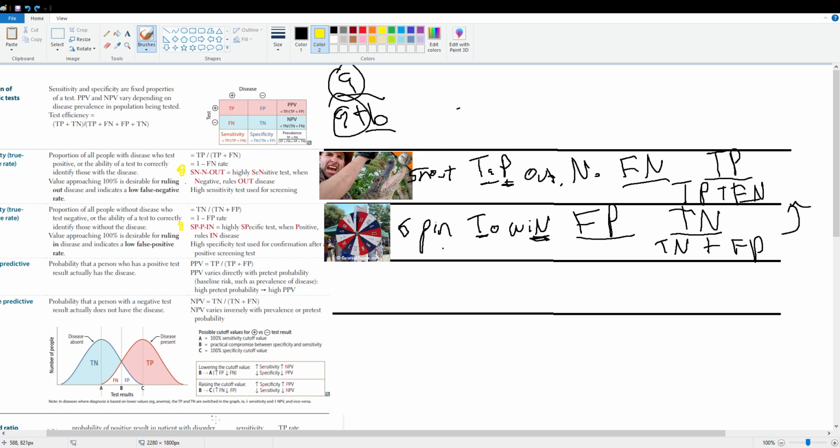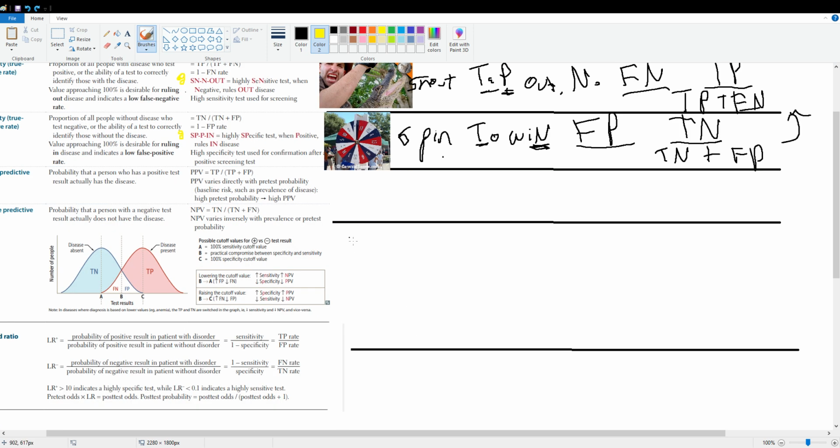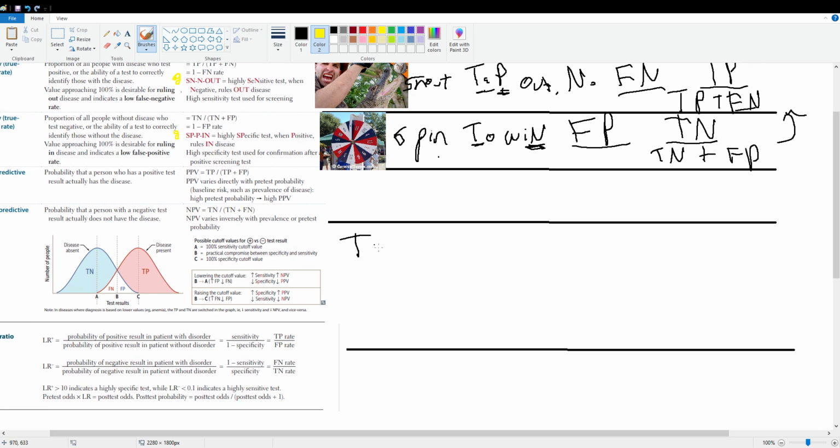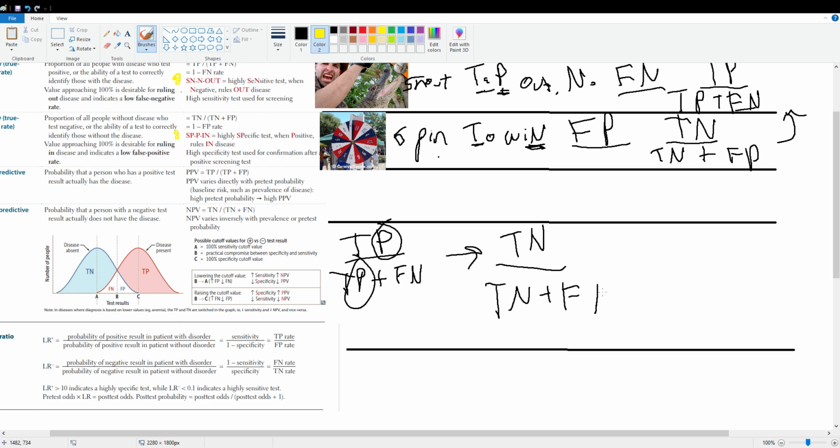So to memorize the negative predictive value, we're going to take our snout taps out, so taps out, and that's no fun, FN. And we're going to make it even more negative. So all the positives, we're just going to change to negatives. So true negative over true negative plus false negative. And there's your negative predictive value.